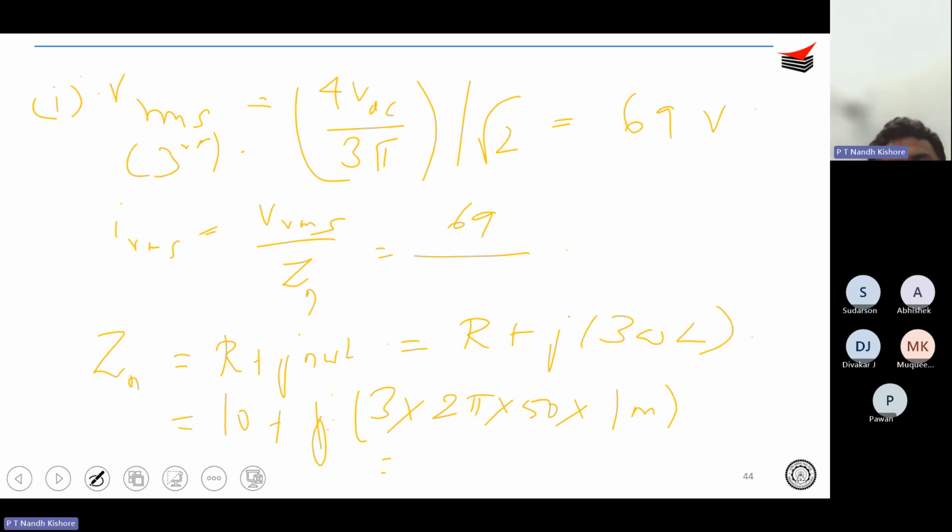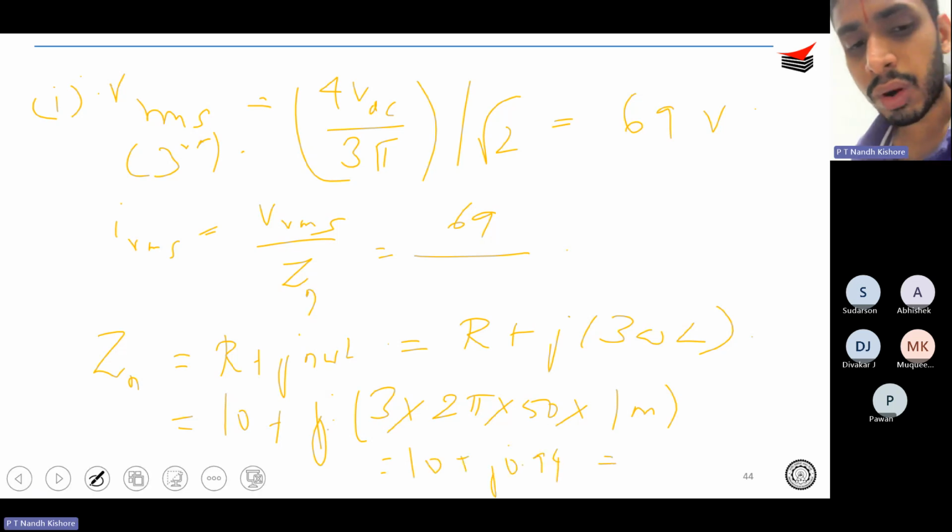Please, guys, please solve these kind of problems. In your competitive exams, if you solve these kind of problems, it will be really helpful. So it's going to be 3 into 2 into 3.14 into 50 into 1 millihenry, so it's going to be 0.94. So 10 plus 0.94 j. What is that in absolute terms?